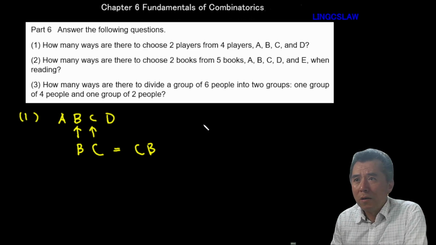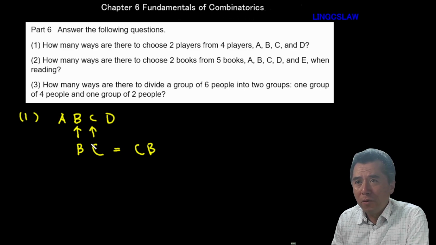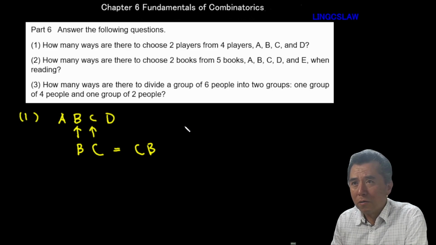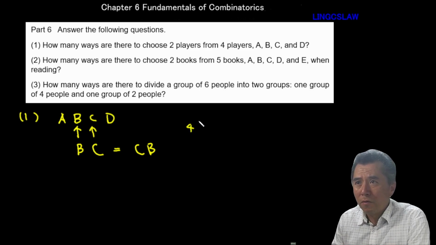So if you care about the order, the number of choices to choose 2 players from 4 players will be 4 permutation 2.